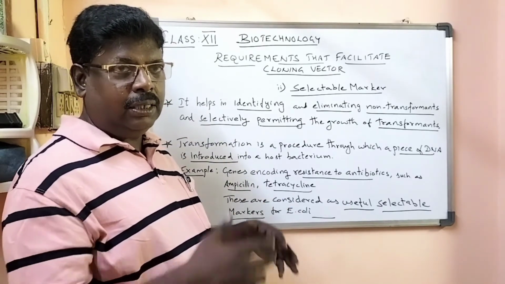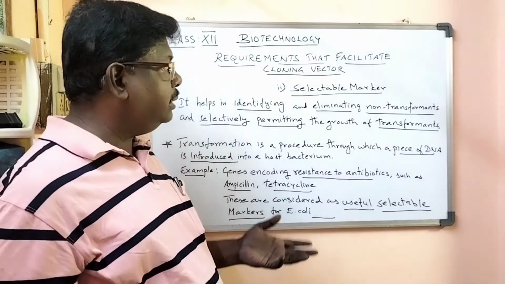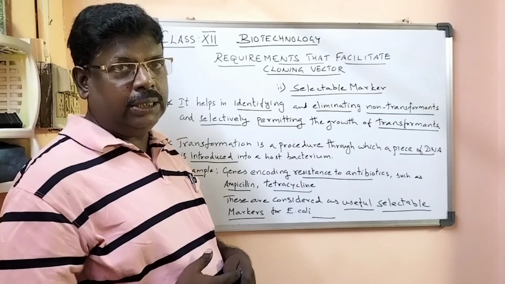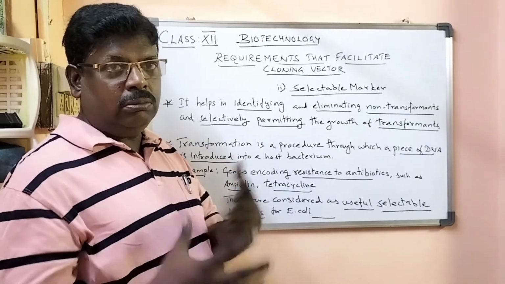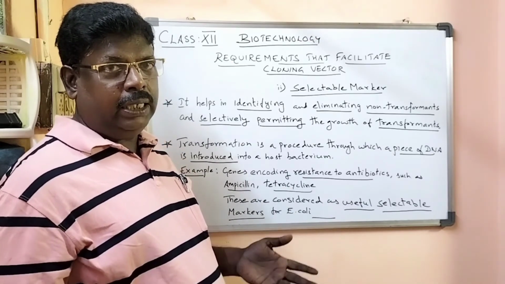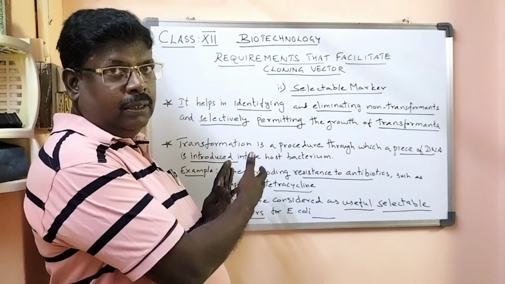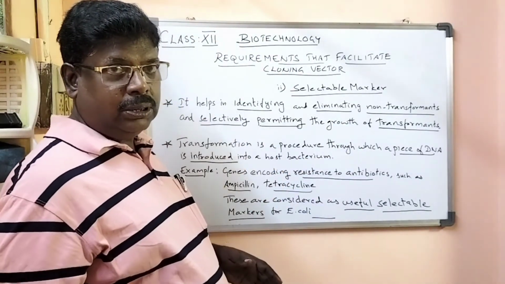The undesirable genes can be called non-transformants. What is necessary, what you actually want to multiply in high copy numbers, that alone we need. So that particular alien DNA will be introduced into the host bacterium.